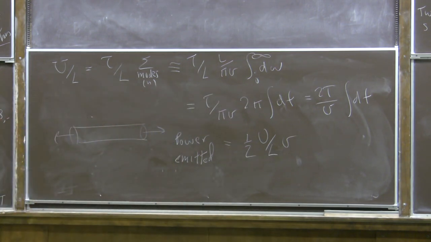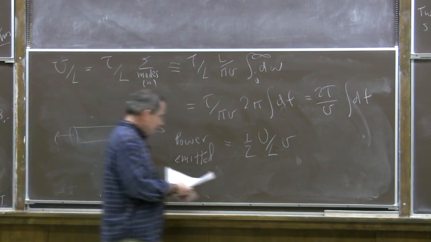It's just like our earlier calculation in which we related the energy per unit volume in black body radiation to the rate at which energy comes out of a hole in a cavity. But this is just the case of a one-dimensional cavity.